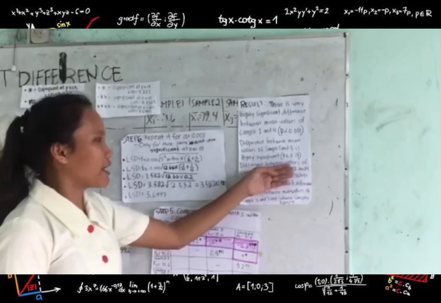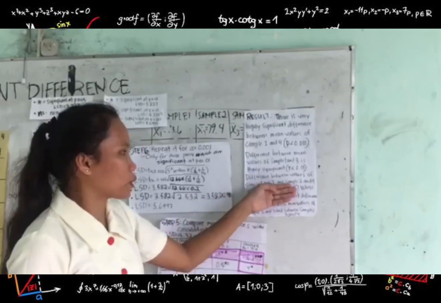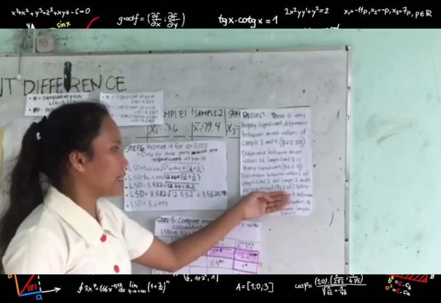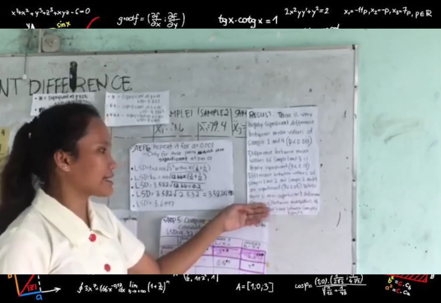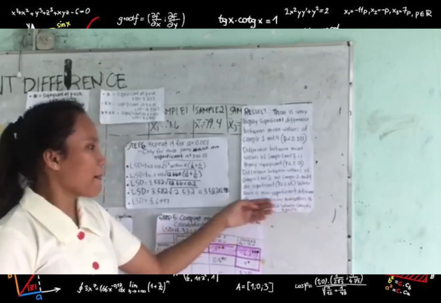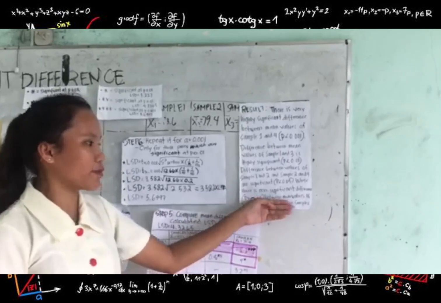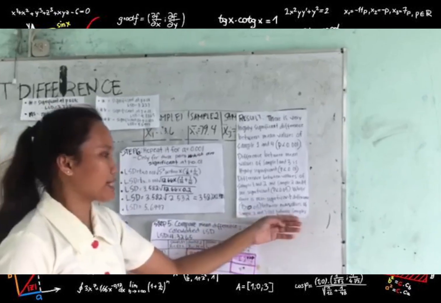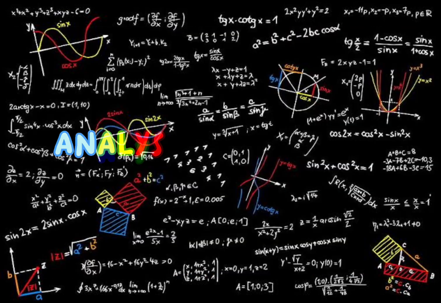The differences between sample 1 and 2 and between sample 2 and 4 are significant, probability less than 0.05, while there is non-significant difference, probability greater than 0.05, between mean values of sample 2 and 3 and between sample 3 and 4. Then that's all.